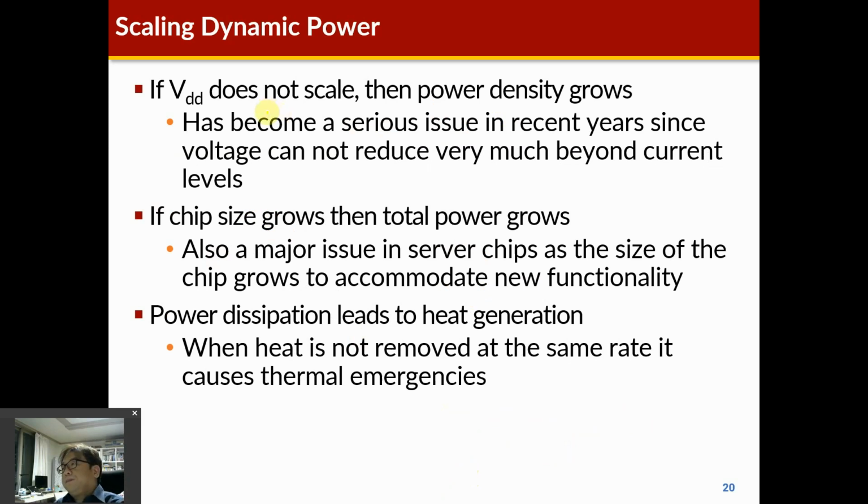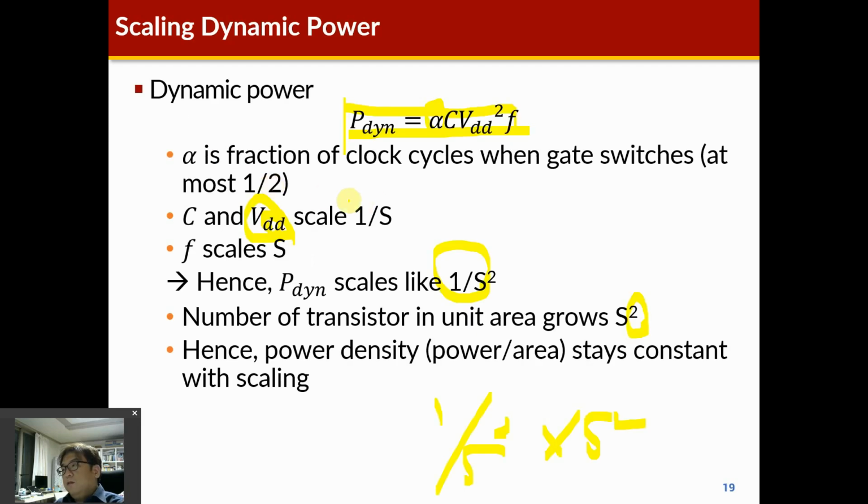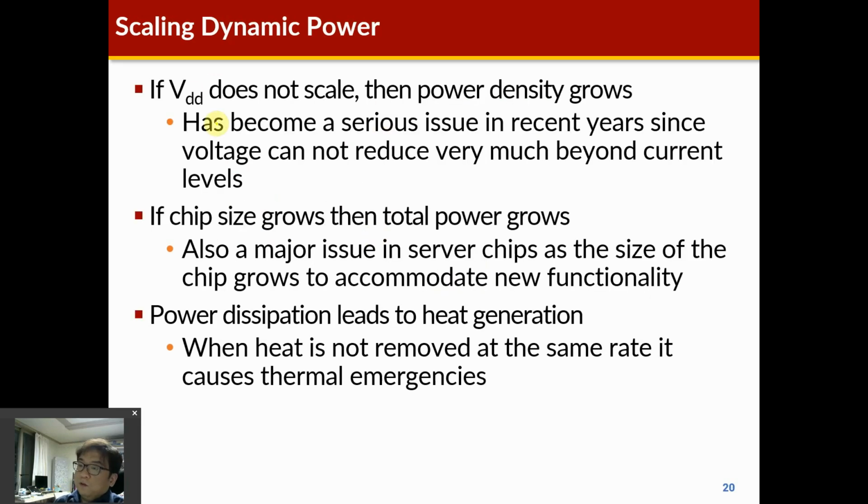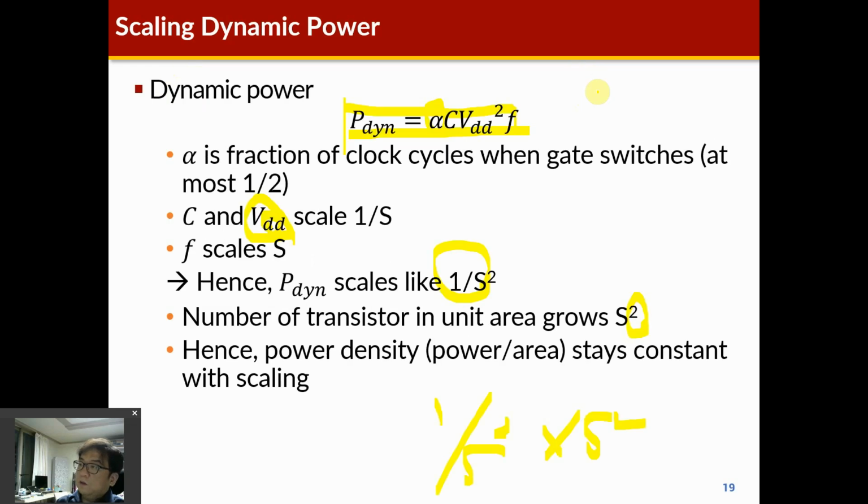But this is some ideal case of CMOS scaling of the dynamic power, and normally we need to select which factor can be scaled down. So if VDD, the supply voltage, does not scale, it means VDD is not scaled down, then power density will grow. This is because if the VDD is not scaled down by 1 over S, then it's not constant.